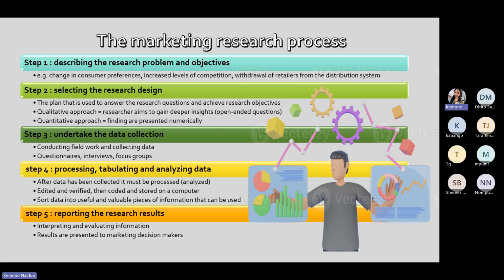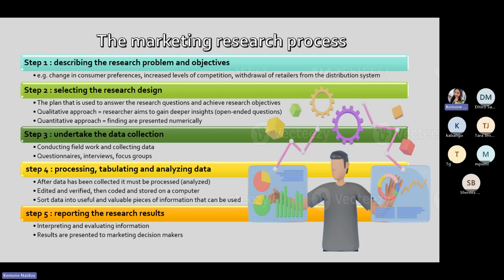And then the second part to it is selecting the right design. So are we going to make this a qualitative approach? Are we going to make it a quantitative approach? Okay. Thirdly, we're going to go out and collect our data. So either you're doing interviews, you're doing surveys, you are doing it telephonically, but you are collecting your data that's going to help us in step 4.